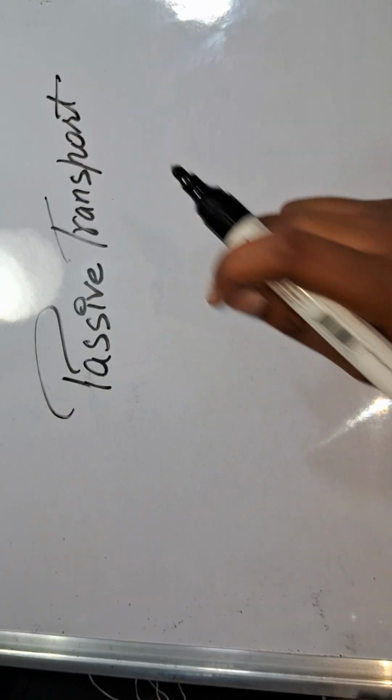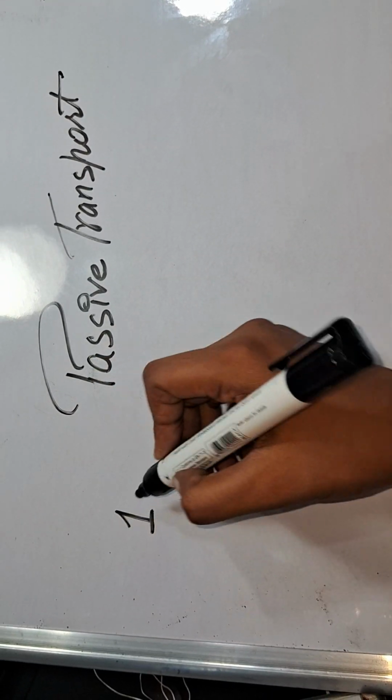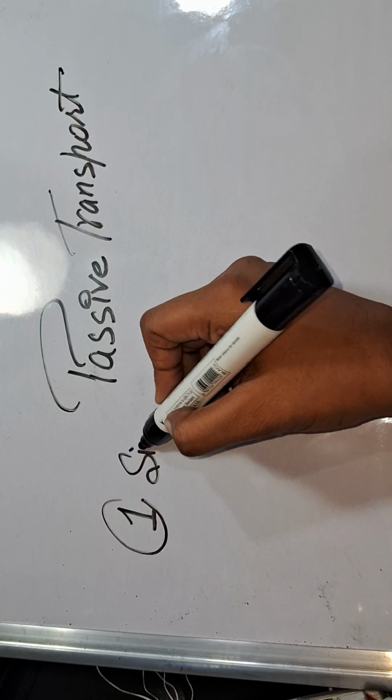There are 2 types in passive transport. Firstly, we will start with simple diffusion.